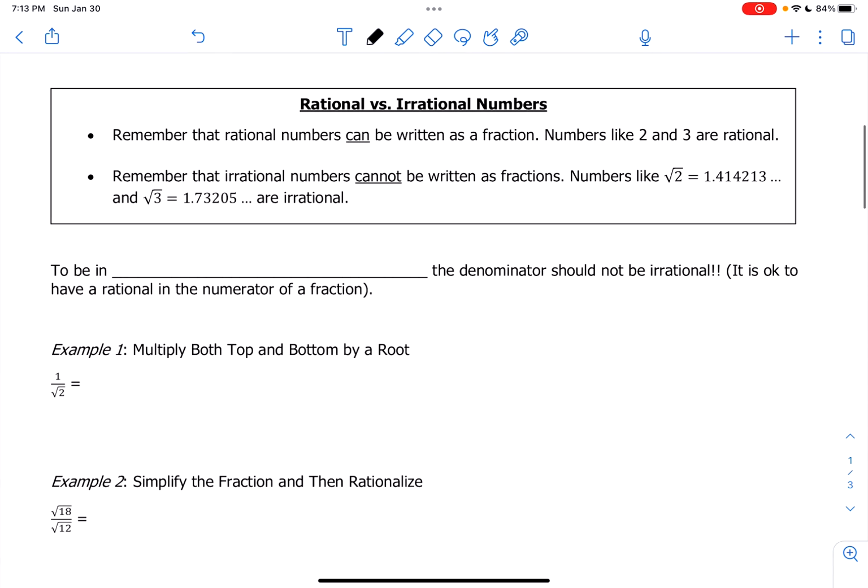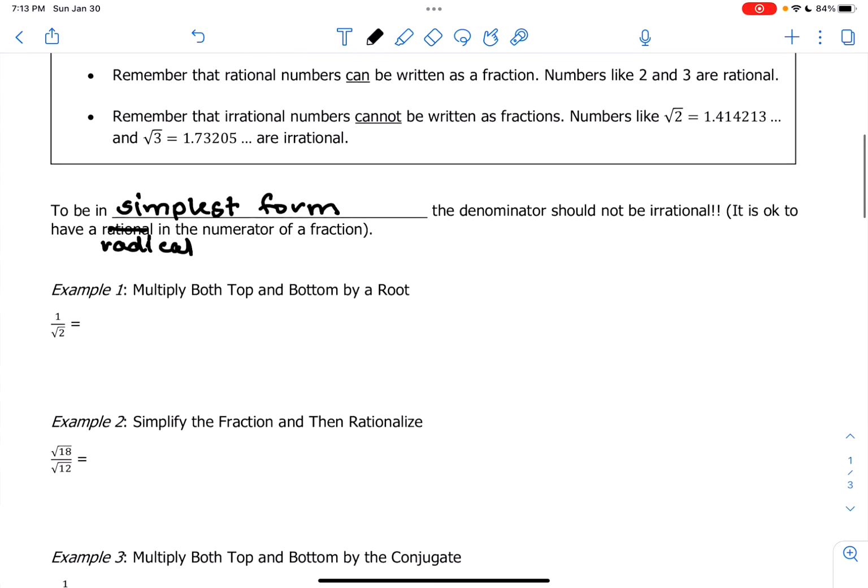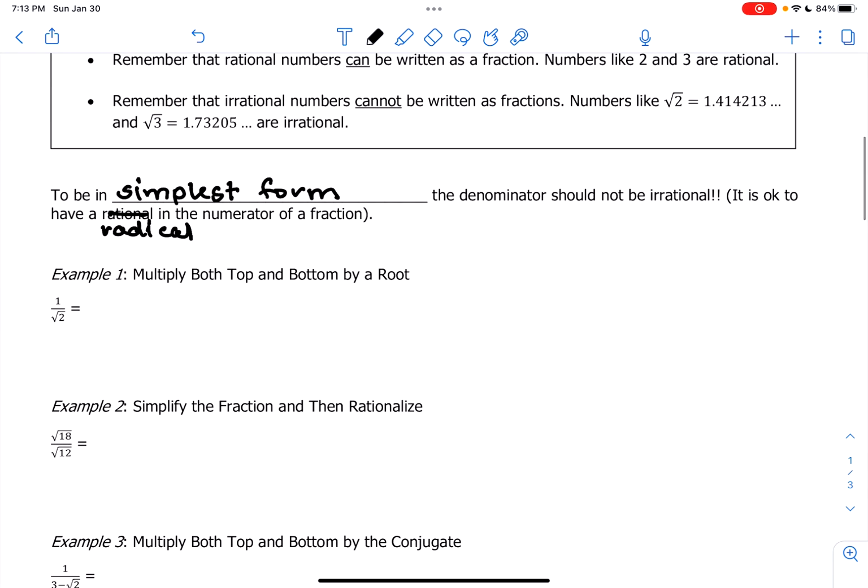So to be in simplest form, the denominator should not be irrational. It's okay to have a radical in the numerator of a fraction, but never the denominator. So in this 1 over the square root of 2, I have a radical in the denominator. That's not okay. I'm going to be able to fix that really easy.